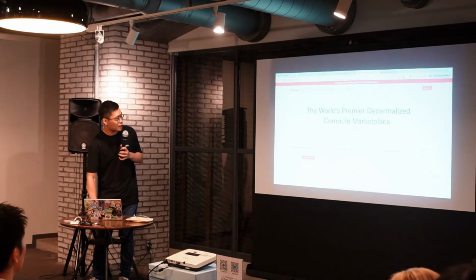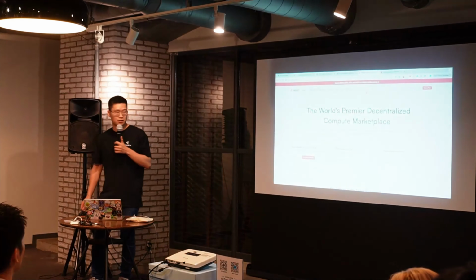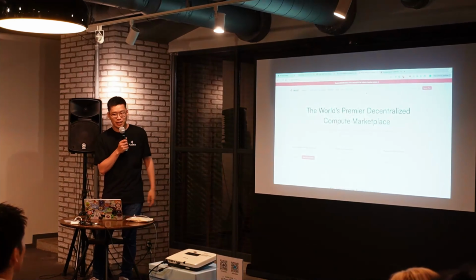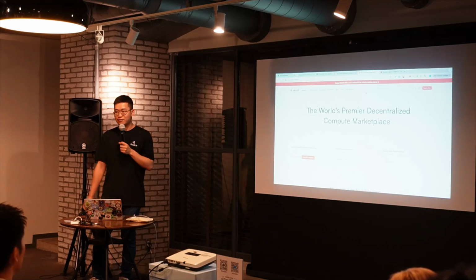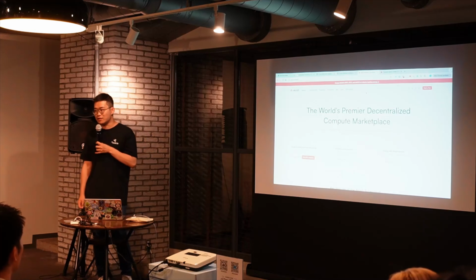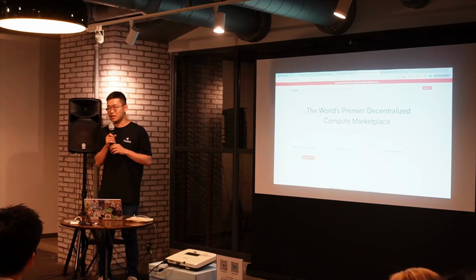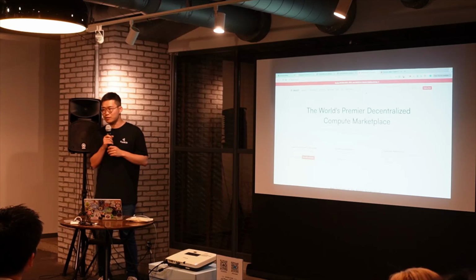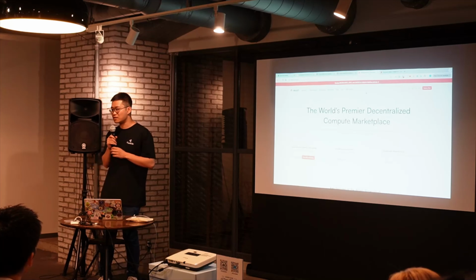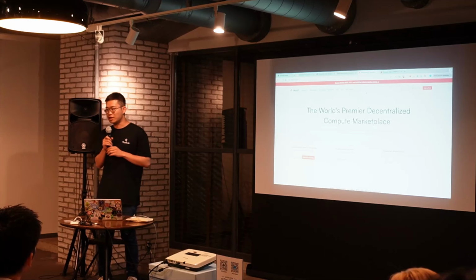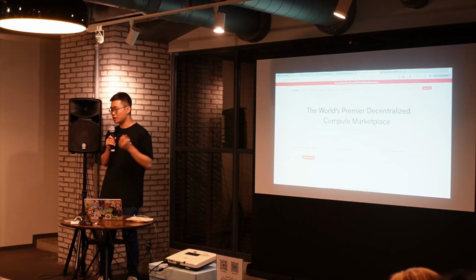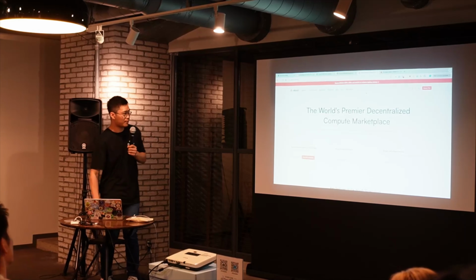Now let me quickly showcase Akash Network. This is the Akash Network, where they have a lot of GPUs behind it that allow you to select from. The overall cost of these GPUs is quite a bit cheaper than AWS or GCP in general, because you can choose the time, depending on how much AKT token you put in.